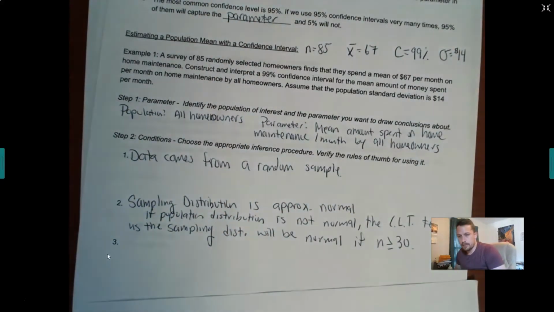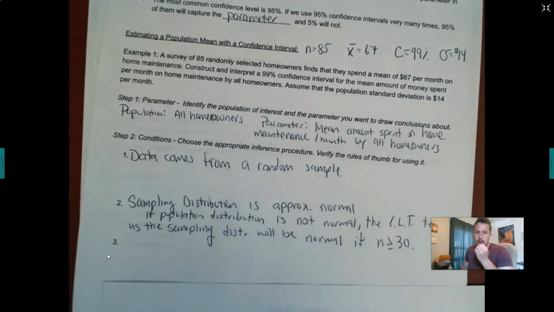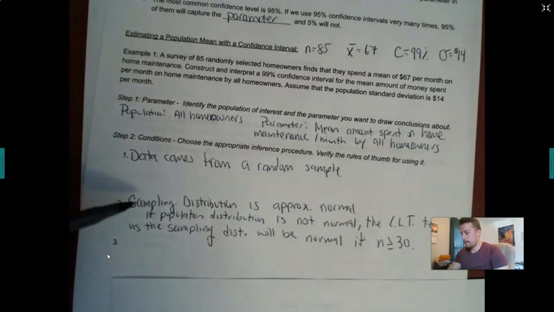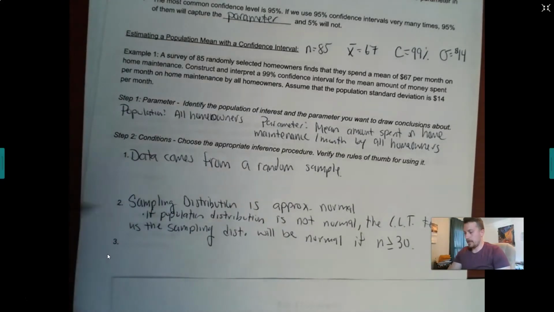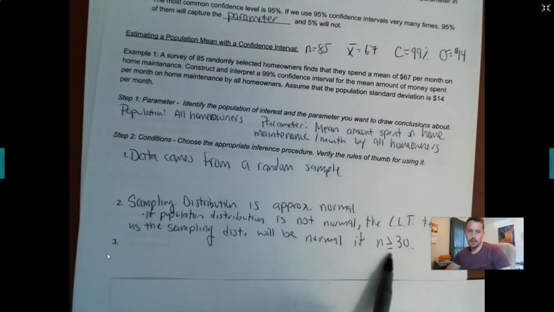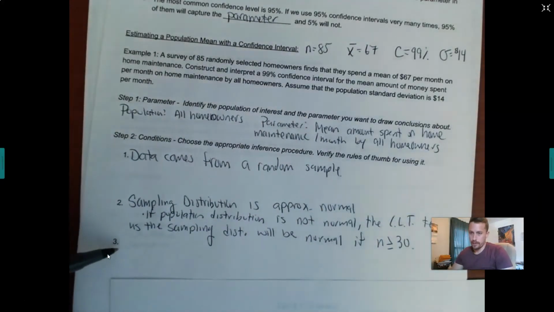Right? We said a sample size of 30 last time would make the sampling distribution approximately normal. So, if the population distribution is normal, good, we're all set. If it's not normal, the sample size needs to be 30 or greater.